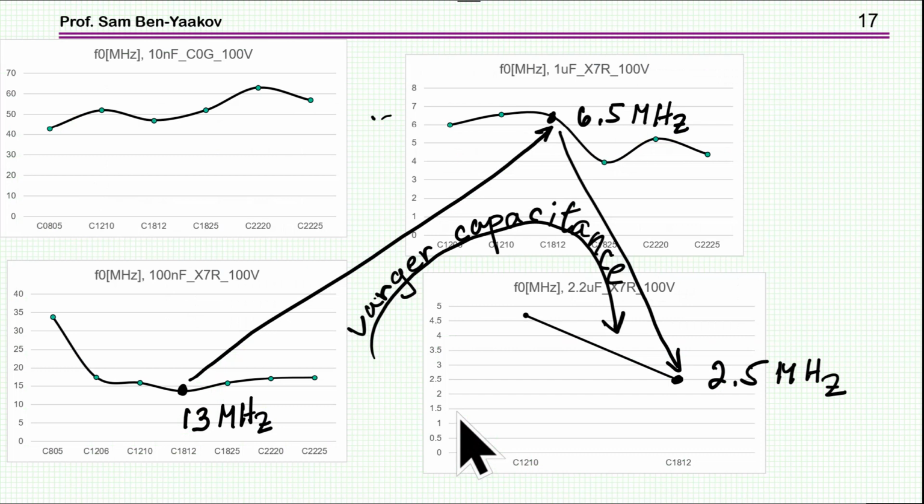Okay, so this can be derived and calculated. So if I look at the resonant frequency between 100 nanofarad, 1 microfarad, and 2.2 microfarad, I see the resonant frequency goes down, which makes sense, because the larger the capacitor, the lower the frequency will be for the same package, assuming the inductance is about the same.